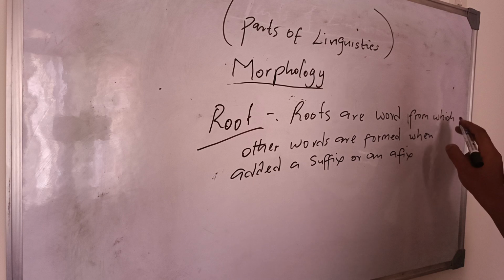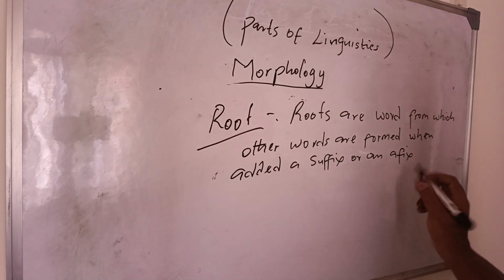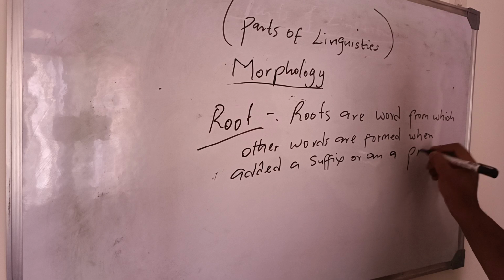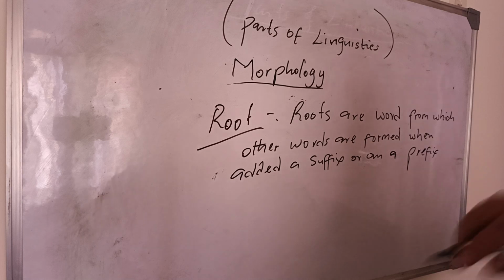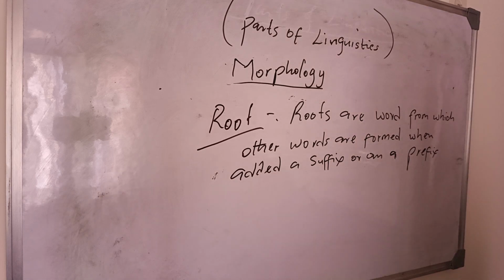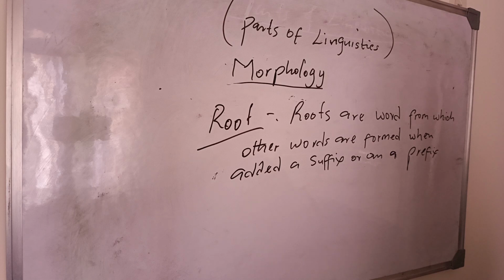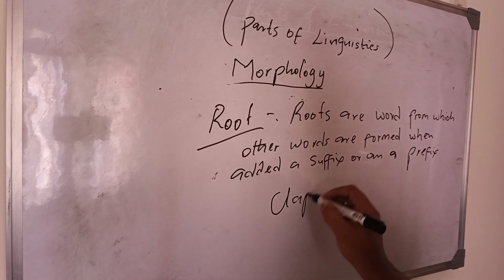So roots are words from which other words are formed when you add a suffix or a prefix. For example, let's use the word clap.